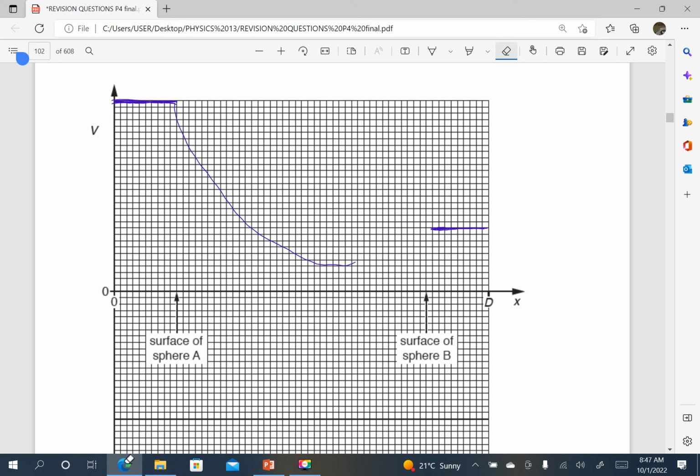I think I can draw something better than this. Yeah, something like that. The minimum point is going to be closer to the sphere with a smaller charge. As simple as that.